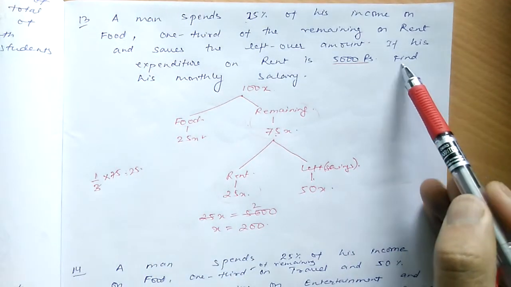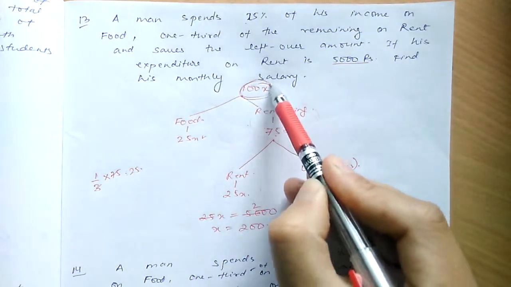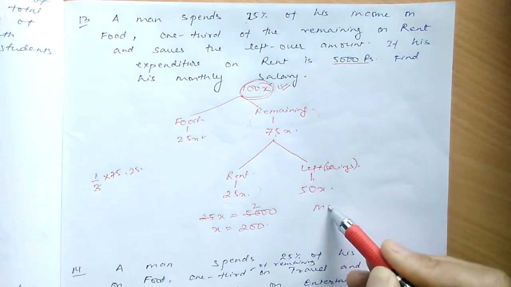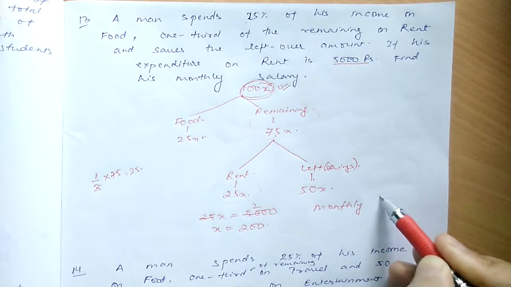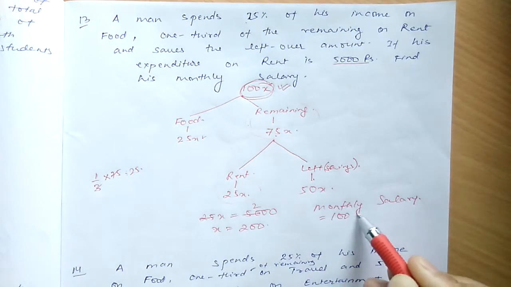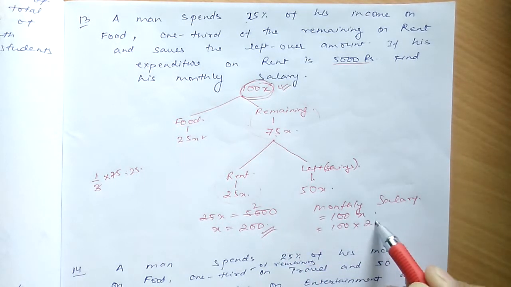The question they have asked is find his monthly salary. So we are required to find this amount, 100x. His monthly salary is equal to 100x, and the value of x from here is 200.